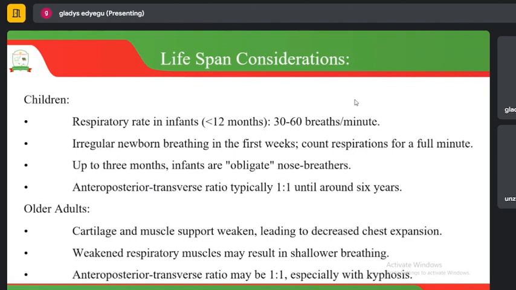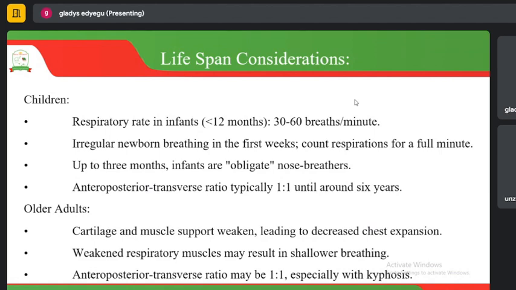As someone is growing old, the structures in different organs get deformed, or they deviate from what they were when the person was still an adult or young. So the cartilage within the respiratory tract, and the muscles that support it, become weak.